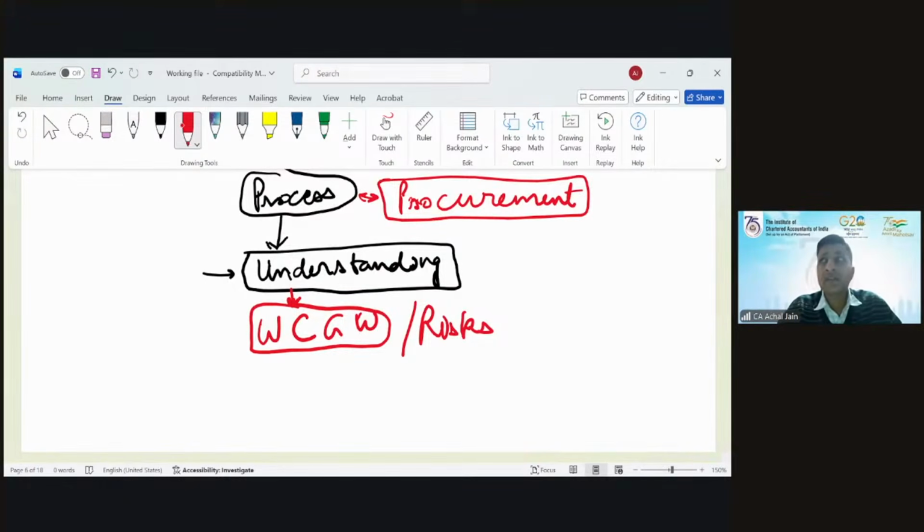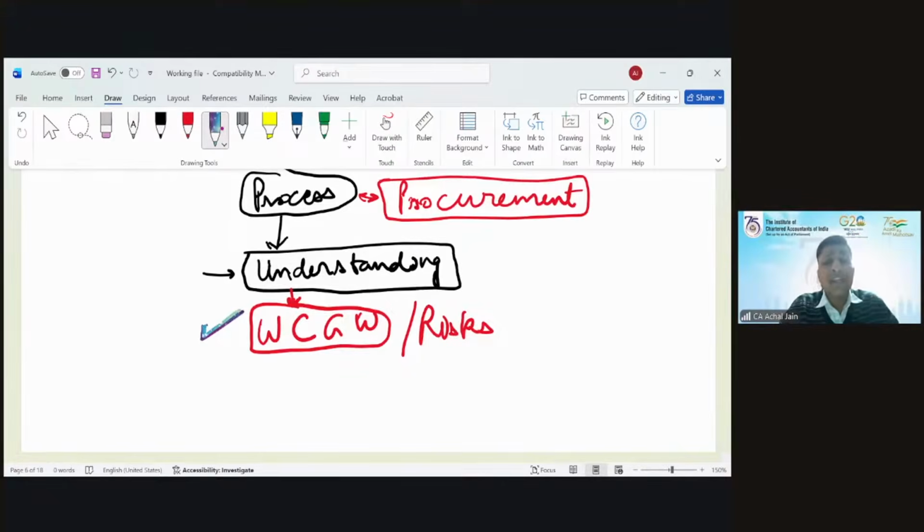Yes, of course, there's a risk that every time the purchases are made, invoice is received against which the payment is also made, but physically the material is not received, or maybe the material that we receive is short. So let's suppose the entity ordered, say, 200 items, but they have physically received only 150. 50 are not received. So what do you call it as? You call it as a risk. So it's a risk which exists.